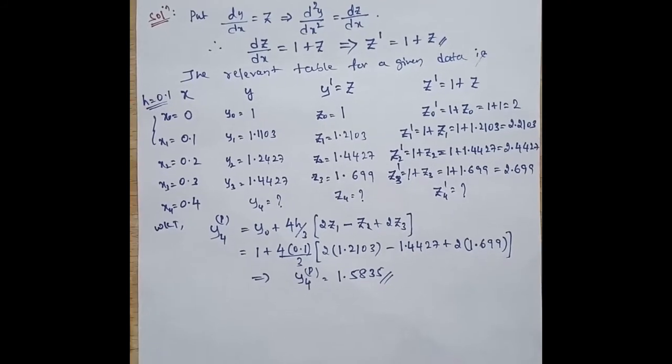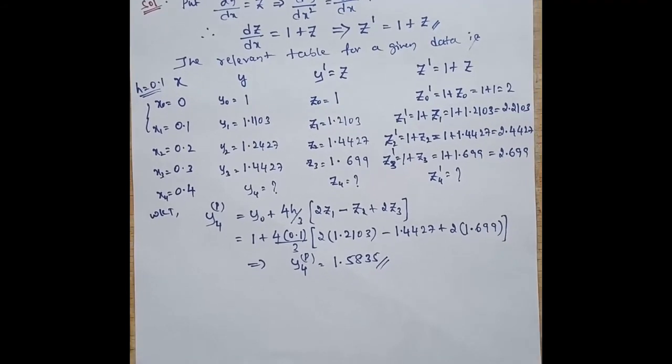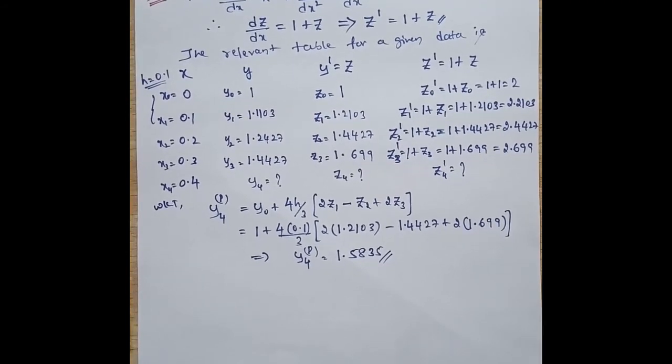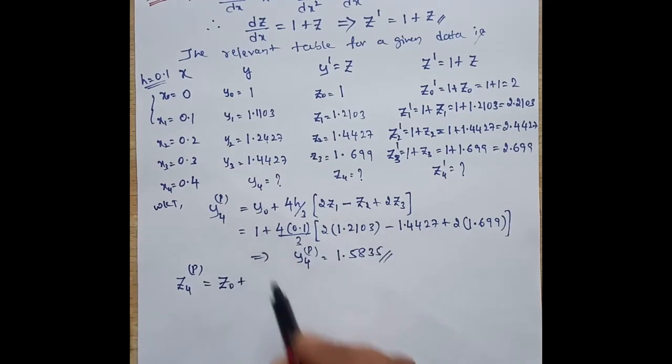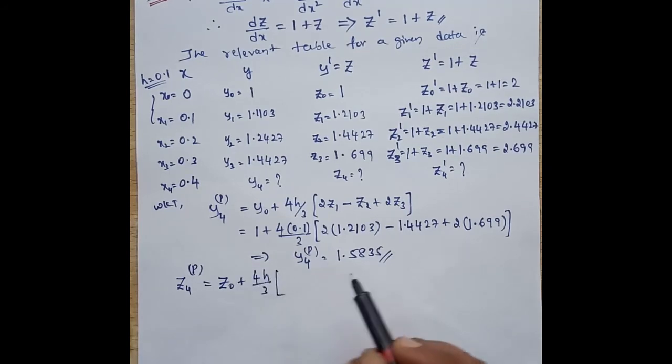We'll go for Z4P, the predicted value for Z. Similarly, Z4 power P, the predictor formula for Z. So what is the formula? It is the same formula here. Z0 instead of Y, Z will come, plus 4h by 3 into.